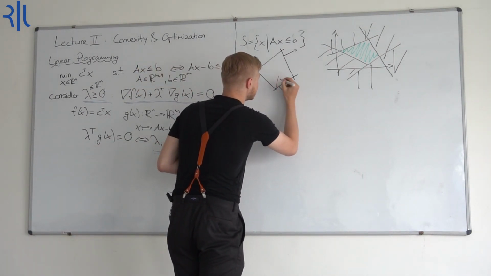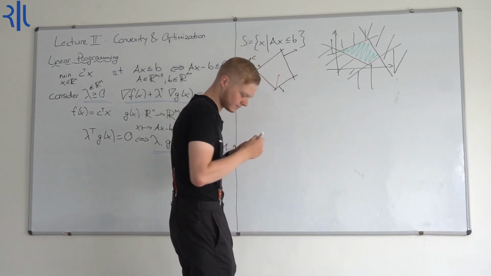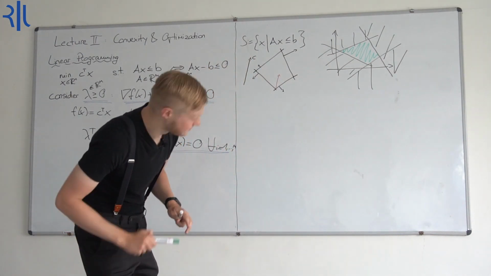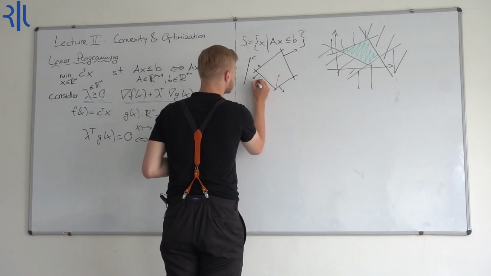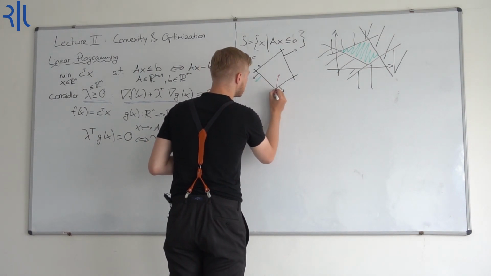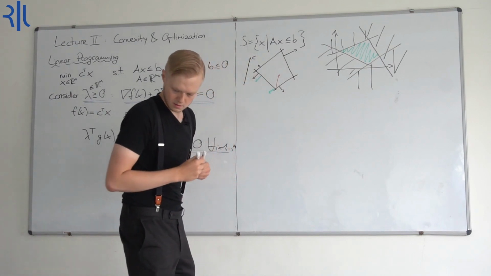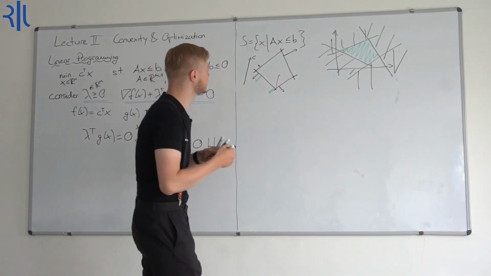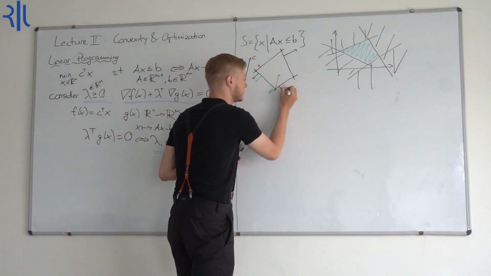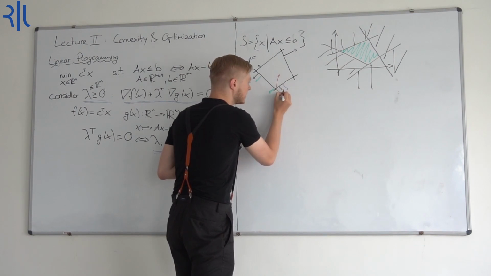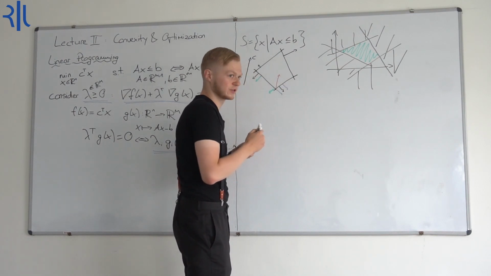So we have our vector C. And we want to catch it with those gradients. And we add them up and we want to get to 0.